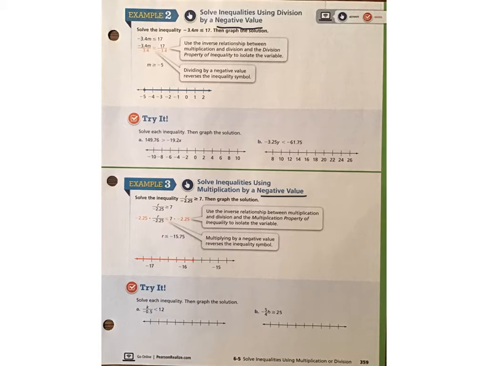Well, remember that negatives are opposites, okay? A negative number is the opposite of its positive value. So when we use that inverse relationship between multiplication and division to isolate the variable in the inequality, just like we do in an equation, what actually ends up happening is we end up reversing the inequality symbol.